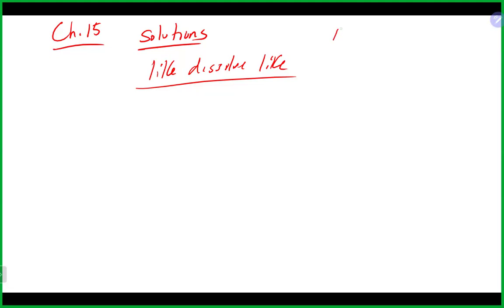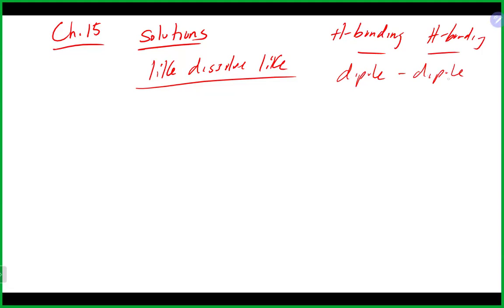So if somebody's using hydrogen bonding and comes across somebody else that uses hydrogen bonding, they're going to be good to go. Dipole-dipole and dipole-dipole, dispersion forces and dispersion forces, they're going to be pretty good.